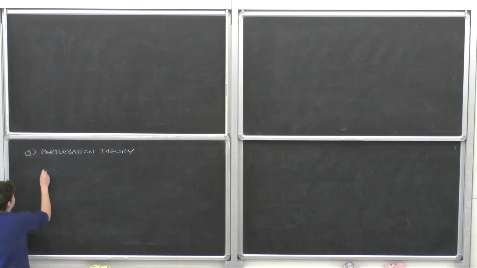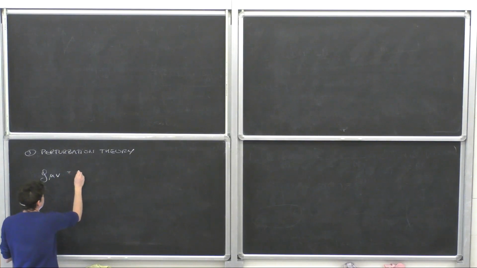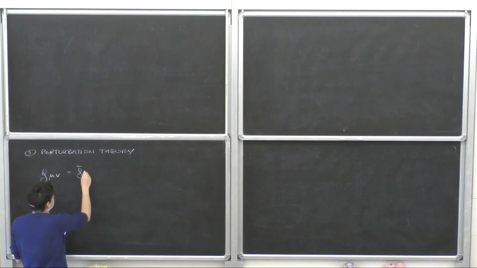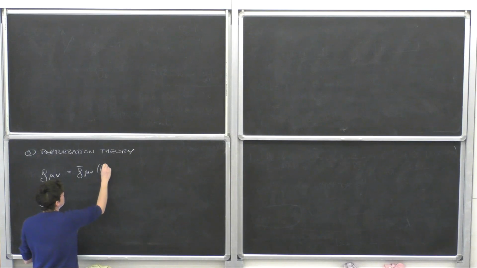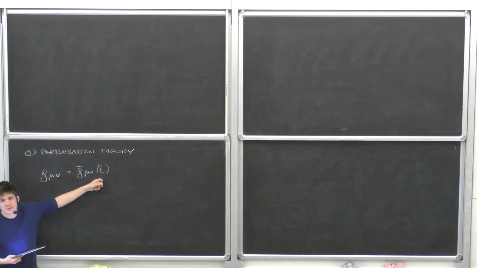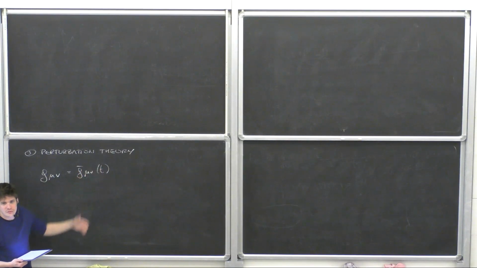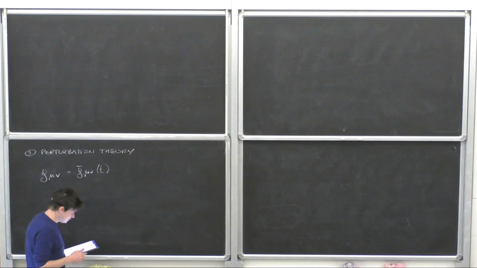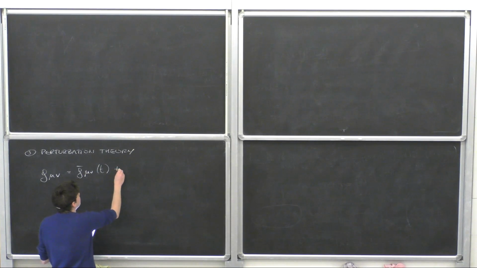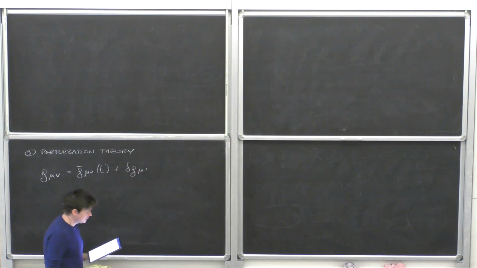So in this case, we're going to take the metric, and we're going to write it as the background solution. And the background solution, as we have seen, depends only on time. There's a scale factor dependence in here, but everything is just time dependent, and then we add on top of this tiny perturbations.